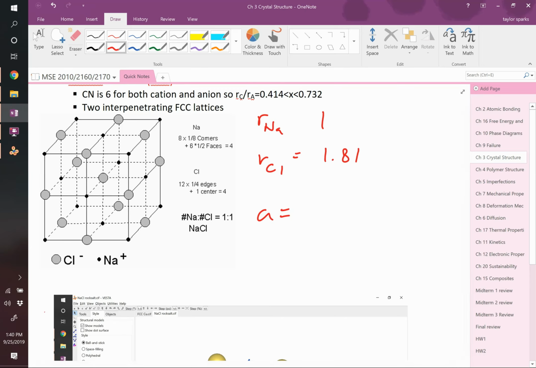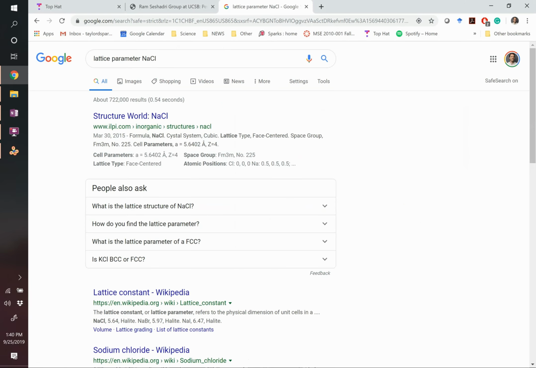It's going to be 2 cations and 2 anions. So 2R cation plus 2R anion. So when we plug those in, 2 times 1 plus 2 times 1.81 gives me 5.62, which is exactly what the value is, 5.64, right?